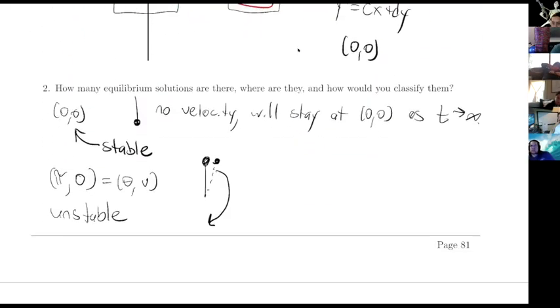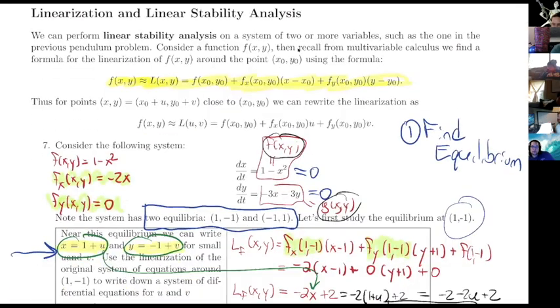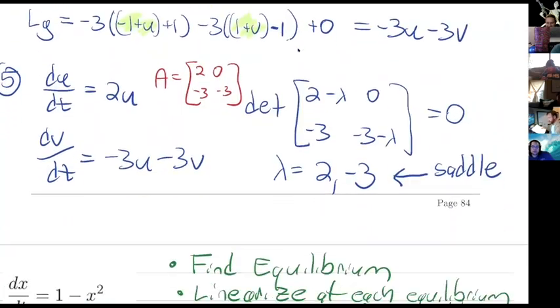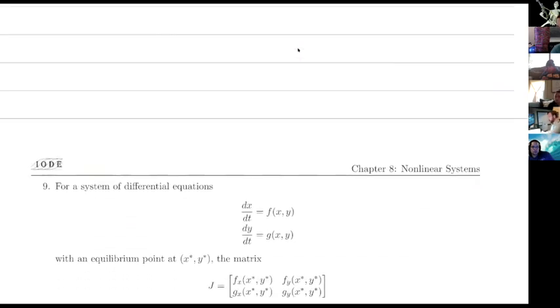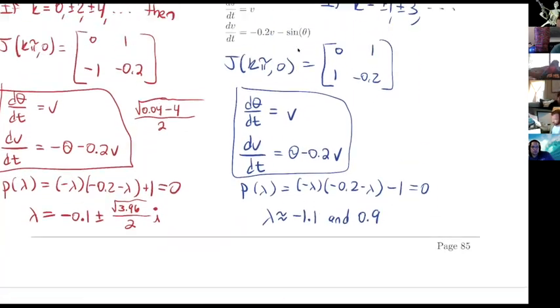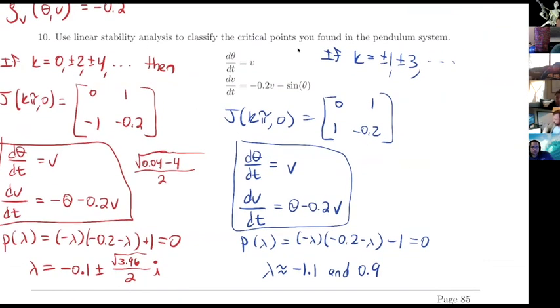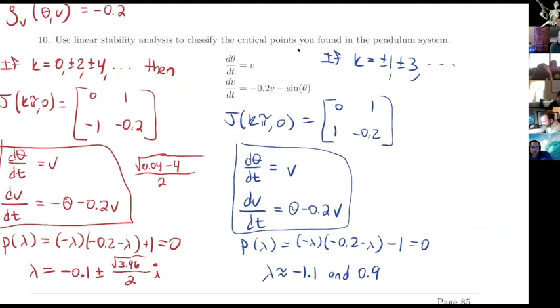When we did this one, those we did together. Yeah, and so here was the part that we didn't do together. So this was the stability analysis for the pendulum. And I don't know what the particular question was about this, but I'm happy to go through it.